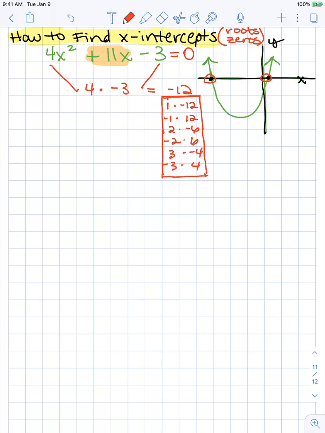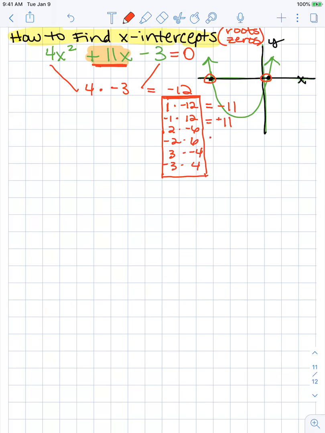What I want to find is which of these factors that multiply to negative 12 add to this middle term right here of 11. The first pair adds to negative 11, and this one adds to a positive 11.